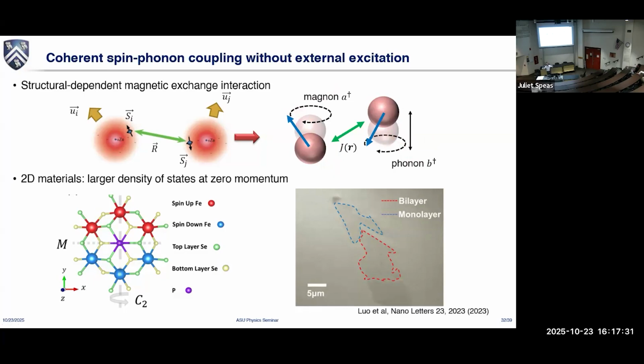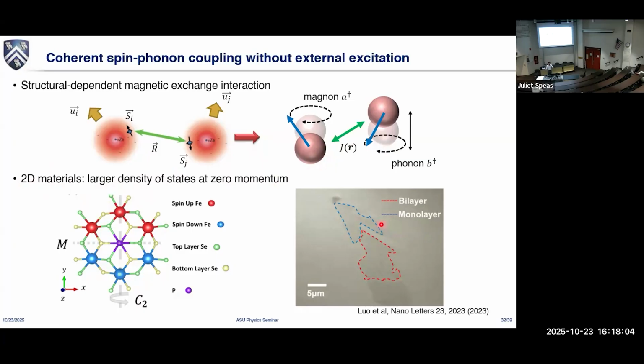And this, what we call a vacuum coupling, would actually cause some pretty unusual phenomena. Okay, so in order to see that type of coupling, we would still like to go to 2D materials because we're doing optical studies. So we're only looking at the zone center, the gamma point, zero momentum. And low-dimensional materials have a finite density of states, which enables larger coupling for these types of excitations.